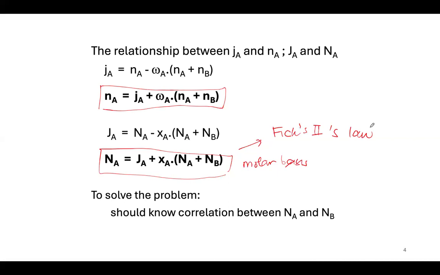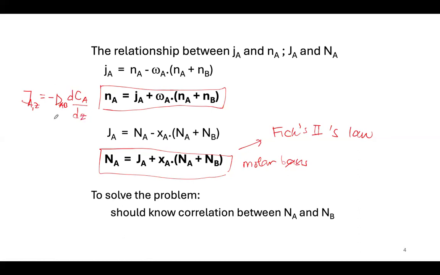Okay, because we only know JA, we know the correlation of JA from Fick's law, the first one, which is JA in the Z direction equal to minus DAB dCA over dZ, for example.